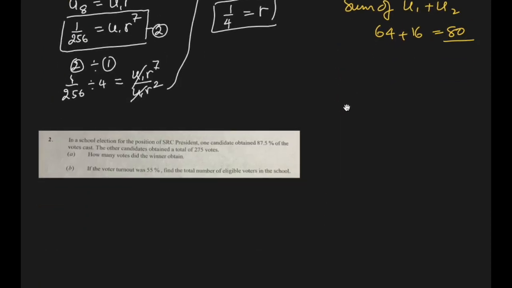Let's take a look at the second question, which says: in a school election for the position of SRC, Students Representative Council President, one candidate obtained 87.5% of the votes cast. The other candidate obtained 275.